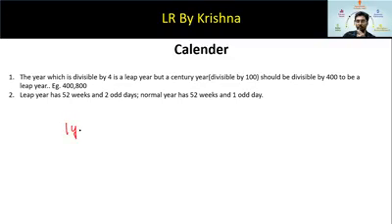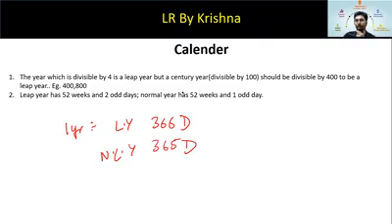In 1 year, if it is a leap year, we will be having 366 days. If it is a non-leap year, we will be having 365 days. So in 1 year, how many weeks will be there? 52 weeks, correct? Just divided by 7.